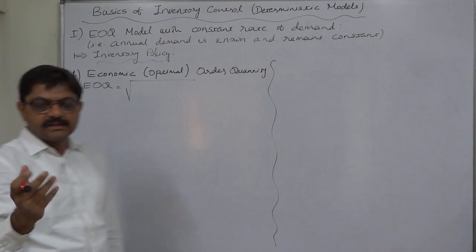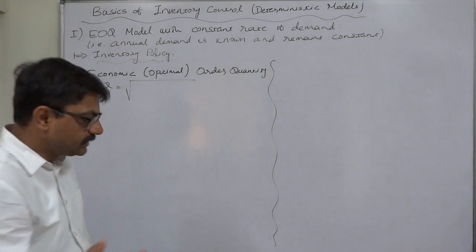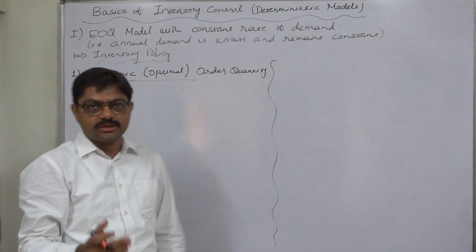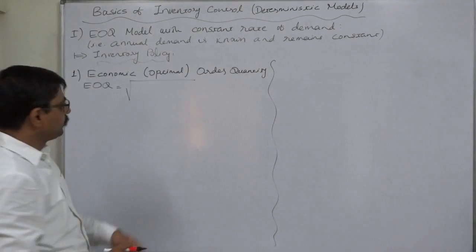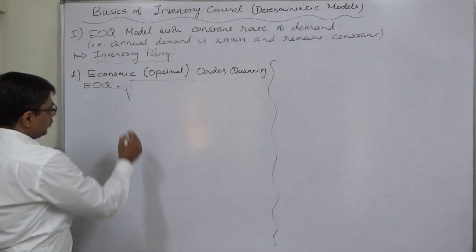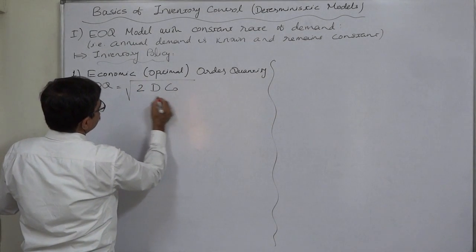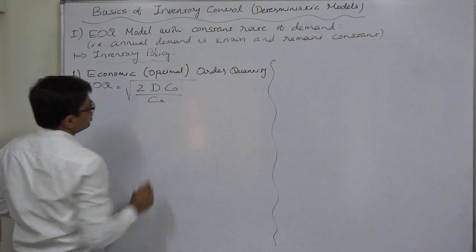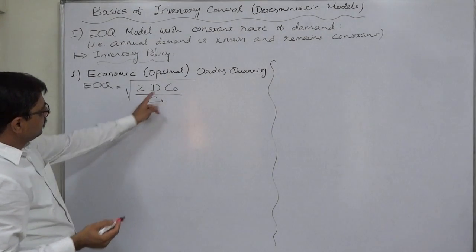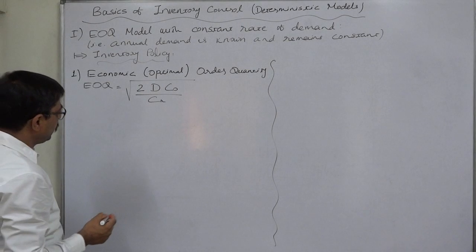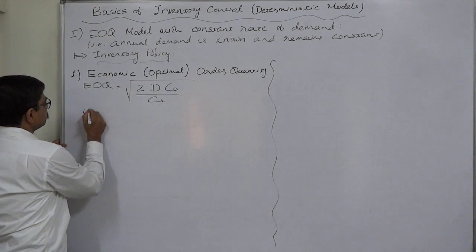There are various signs which we teachers use to express this formula. It is 2 into D into CO divided by CH. There are 3 main components of the formula.